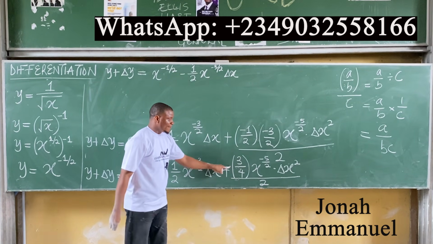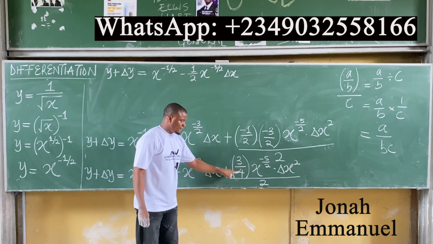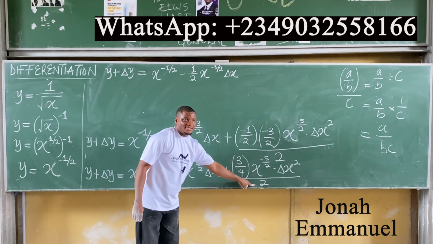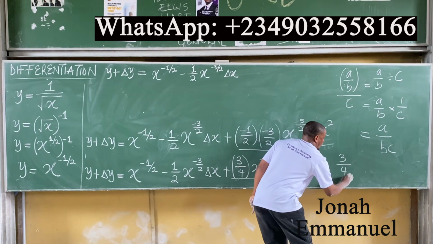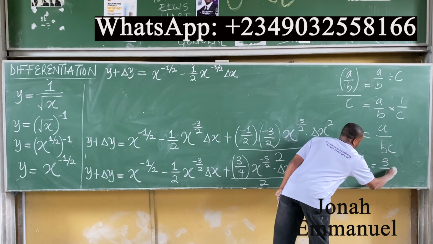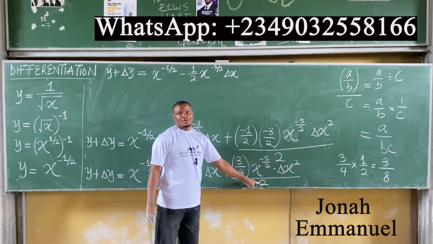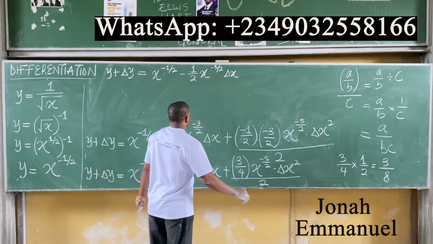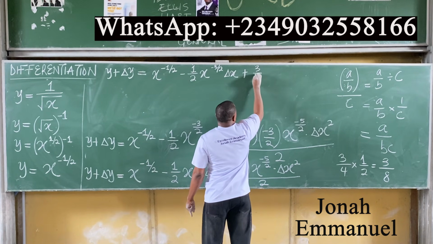Because for this term here, what you have is 3 over 4 divided by 2. How do you solve this? This becomes 3 over 4 times 1 over 2, and that gives you 3 over 8. Keep 3 constant, multiply by 2. So you have 3 over 8. That's how I simplify this. So plus 3 over 8.